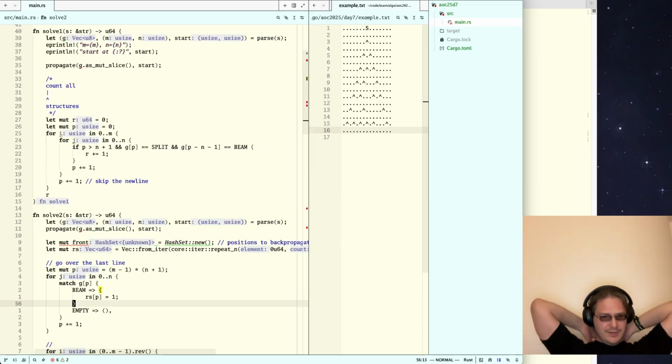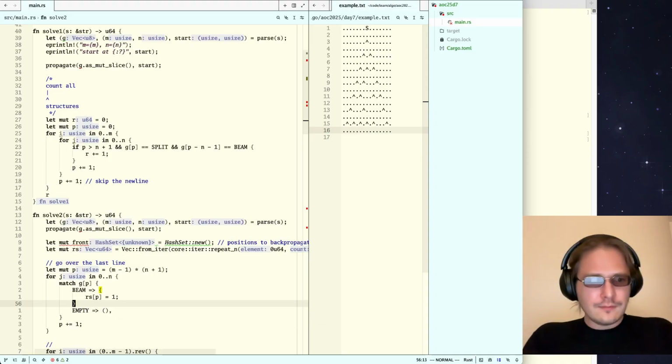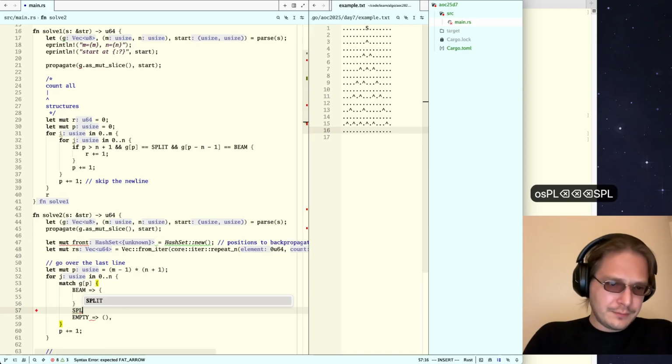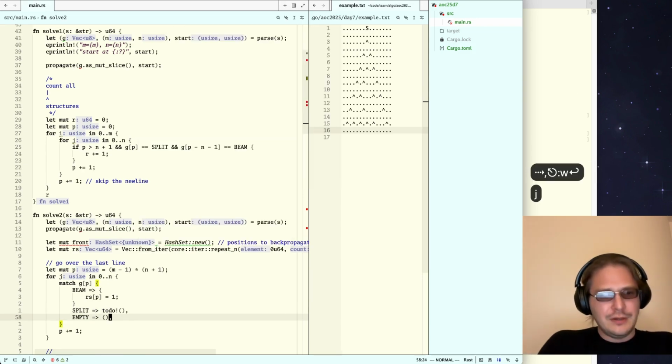If there is a splitter at the last line, that means very simple thing. We write todo and do it lazily if we need to.